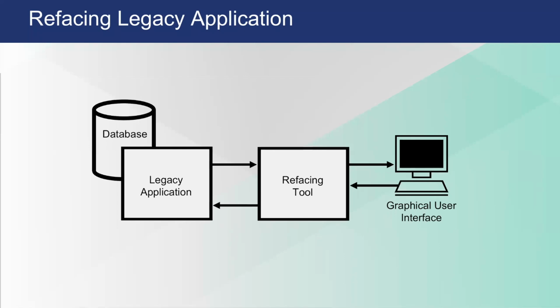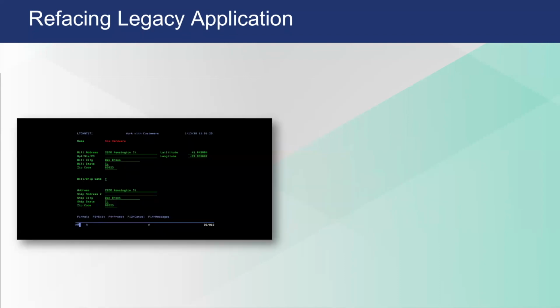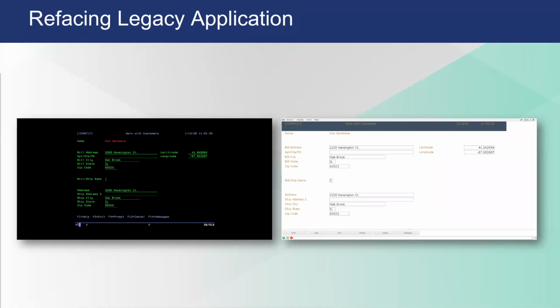But that also means we're only achieving modernization at the level of the user interface or the presentation layer. So what could that look like, Jose? I think if you have this 5250 screen, it could be turned into something like this.